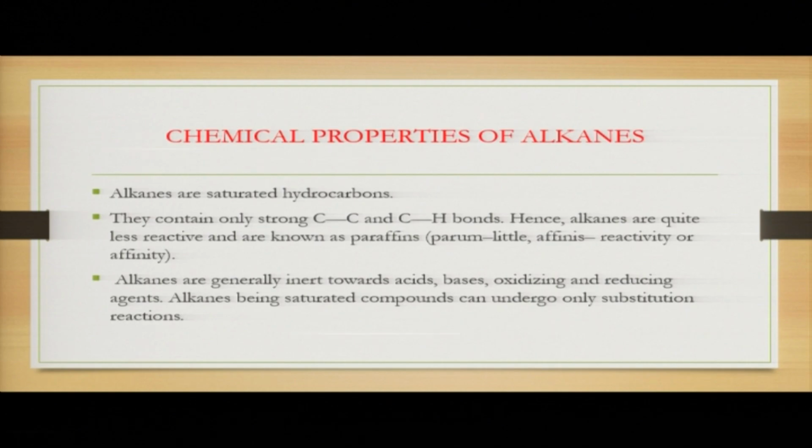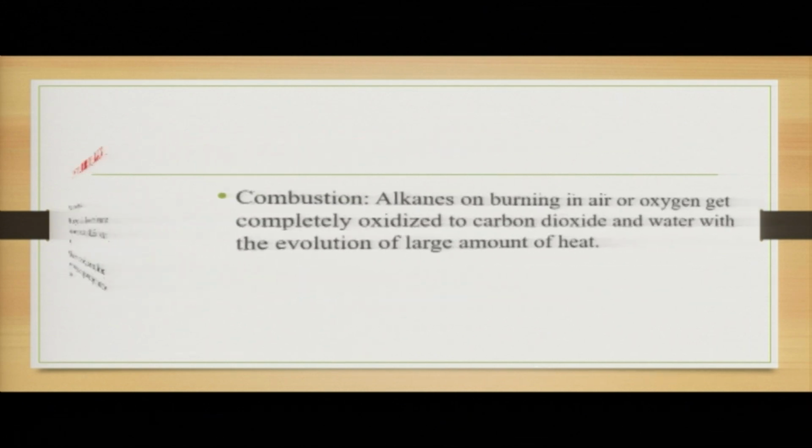They are generally inert to acids, bases, oxidizing agents, and many other substances. So we have said they are less reactive, but under certain conditions, they can undergo a few reactions. For example, the first one is combustion.